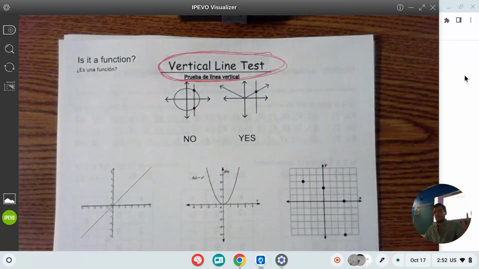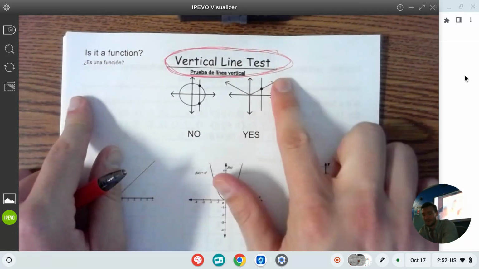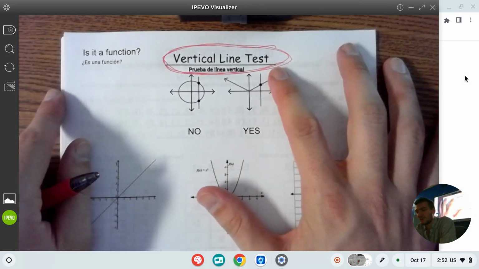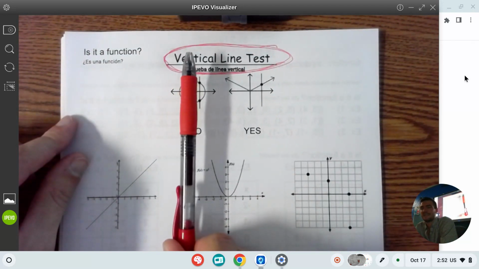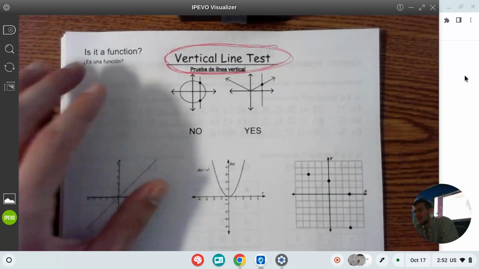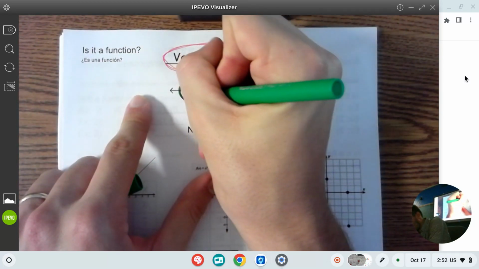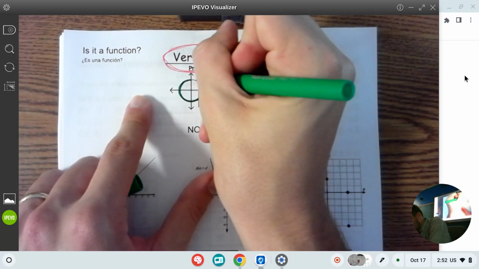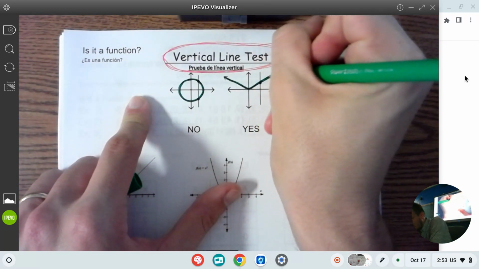So you've heard this before now. I've said it 5 times in a row, vertical line test. What the vertical line test is, is using a vertical line to see if you have repeated x values. So follow with me here. There is a circle and there is a V-shaped graph.